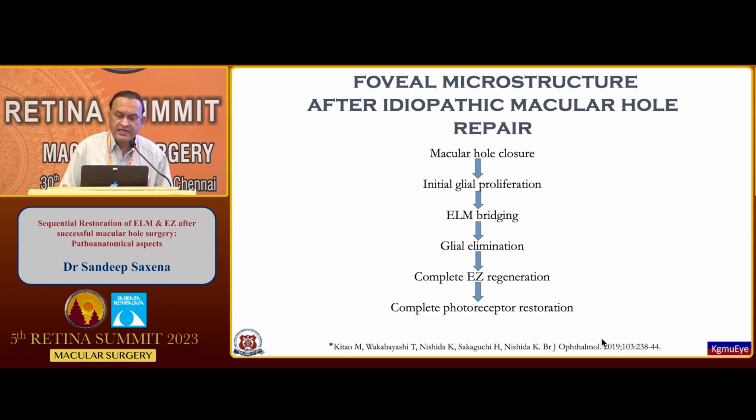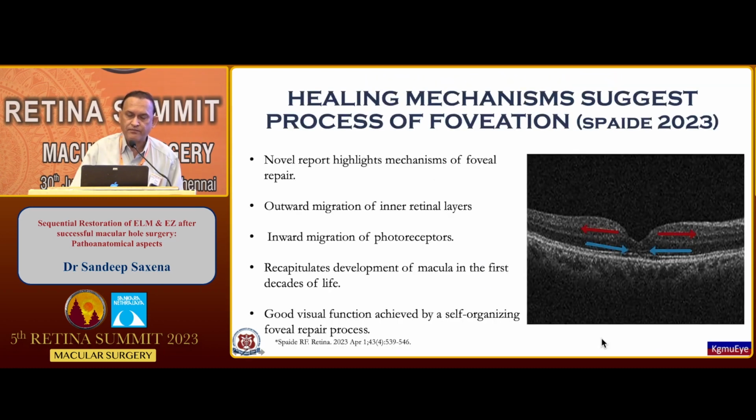A Japanese group has shown how the hole closes. Macular hole closure begins with initial glial proliferation. The ELM bridging starts, the glial elimination happens subsequently, and then this leads to complete ellipsoid zone regeneration, and subsequently a complete photoreceptor restoration over a period of time.